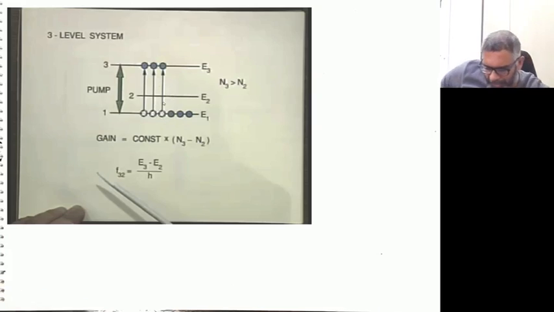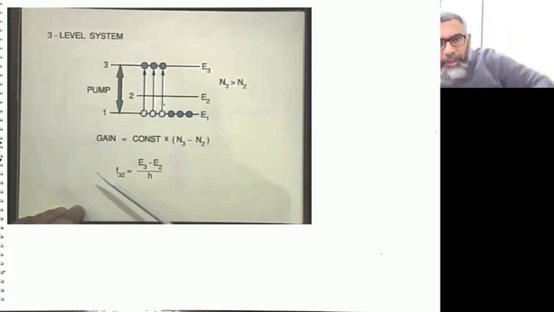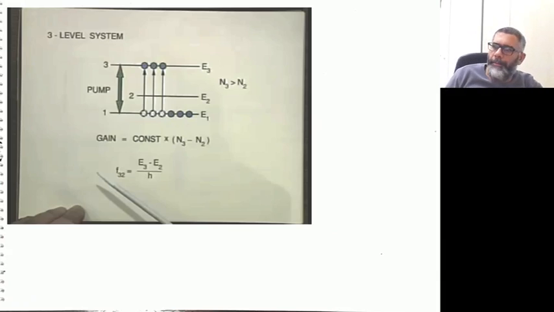You might ask why. Well, this is another quantum mechanical effect. When you have more than one option to go from a higher energy level to lower energy levels, electrons will choose the one which is allowed.